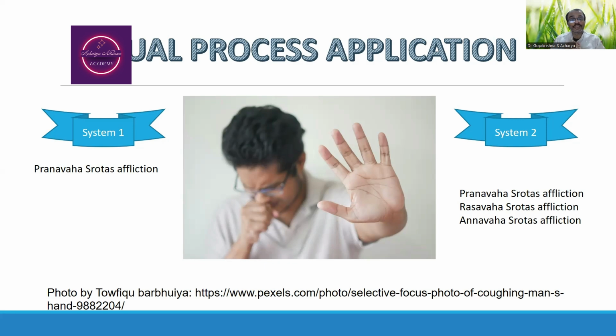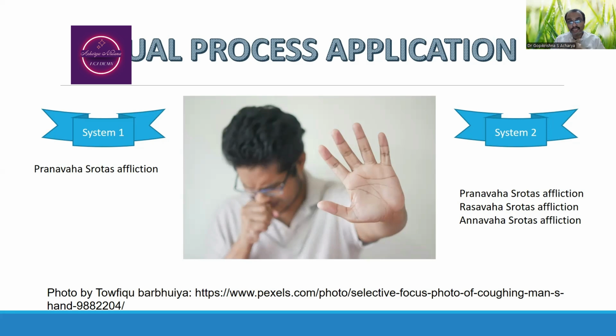Based on that, you are going to do the Rogi Pariksha in terms of the Shadvidha Pariksha or Trividha Pariksha or Chaturvidha Pariksha or Ashtasthana Pariksha or Dashavidha Pariksha. And then you are going to come to a conclusion, narrowing the diagnosis.